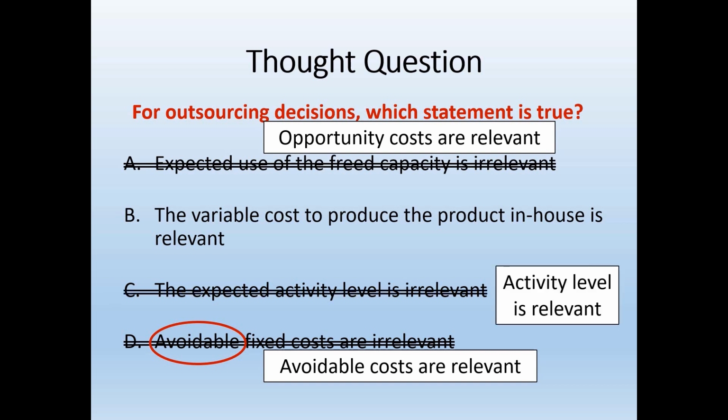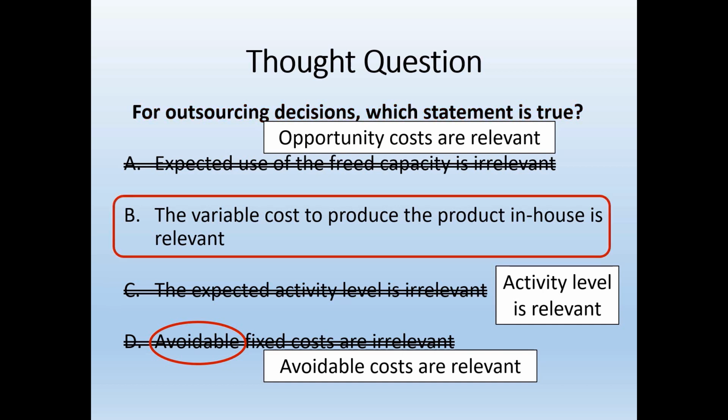And it can't be answer C, because we've just demonstrated that the expected activity level is highly relevant. The correct answer is B. The variable costs to produce the product in-house is relevant.